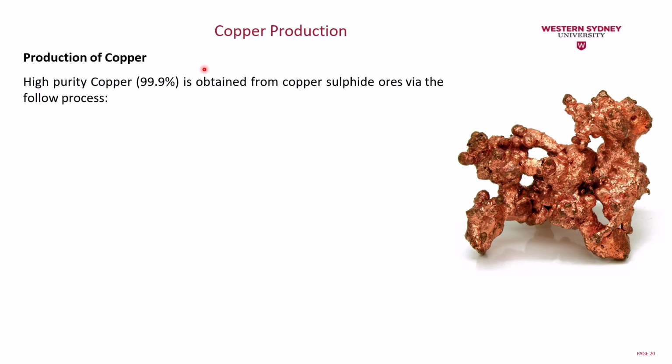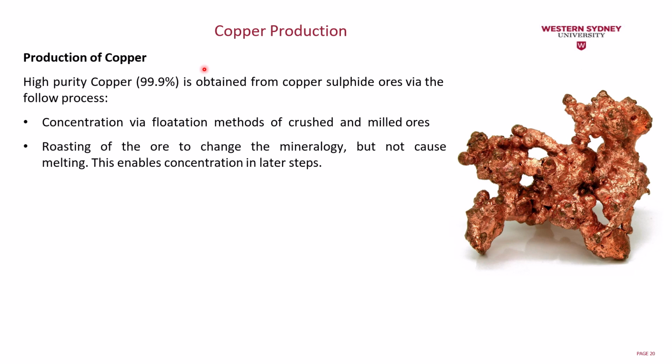High purity copper at 99.9% is obtained from copper sulfide ores via the following processes. First, concentration via flotation methods of the crushed and milled ores. Second, the roasting of the ore to change its mineralogy, but not cause the melting of the copper, and this will enable the concentration and later steps.